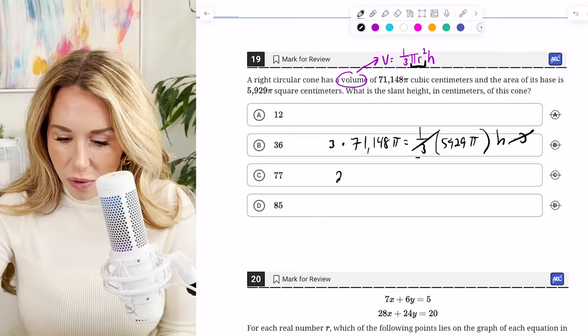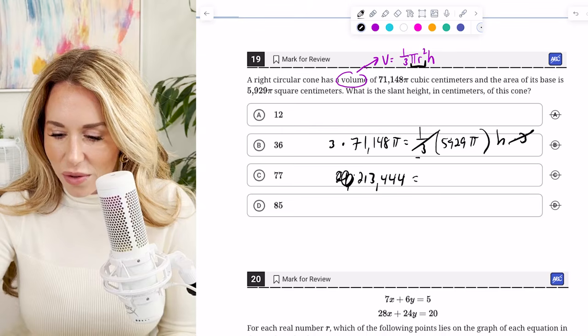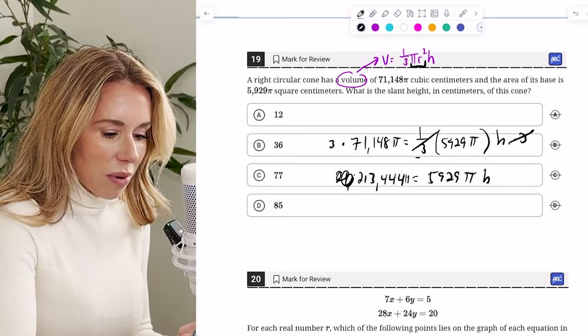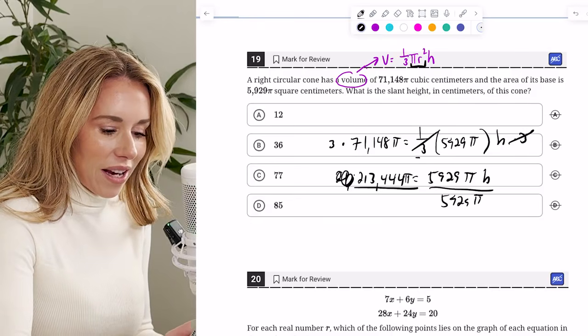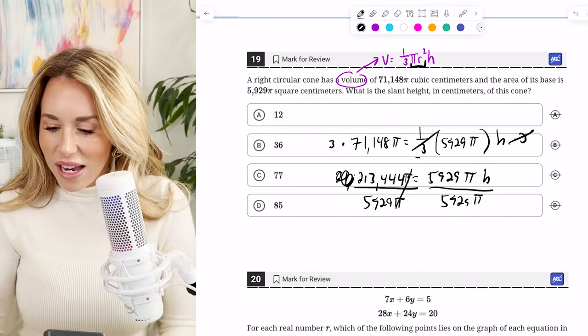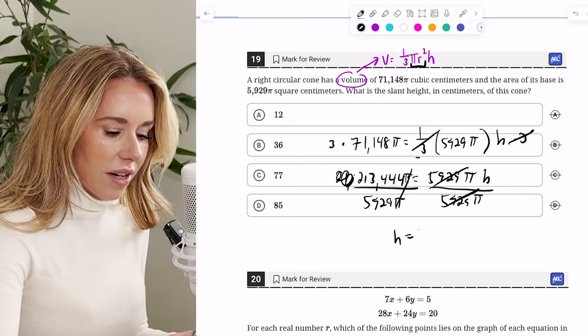So we end up with 213,444 equals 5929 pi h. There's a pi there too. Now let's divide by 5929 pi on both sides. So the pi's cancel, this cancels, h is going to be 36.